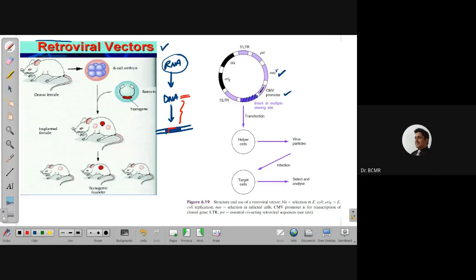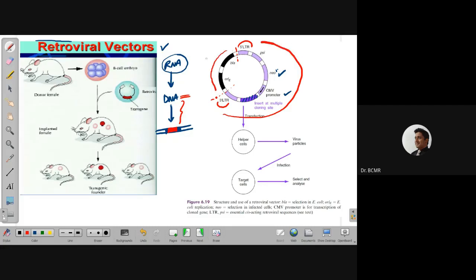For that integration to happen, the protein, the recombinase, should recognize some genetic elements. Those will be the 3' and 5' long terminal repeats. So you can think of from here till here, all this part is the viral genome.